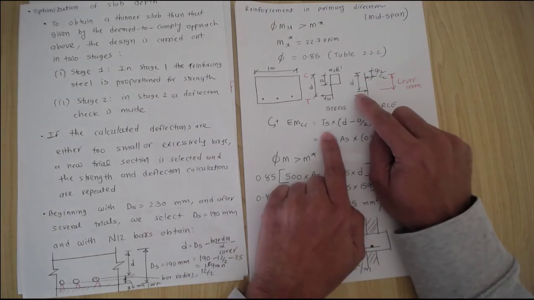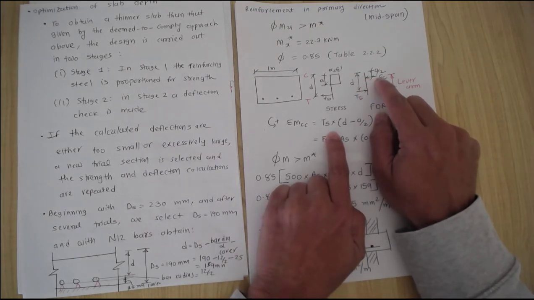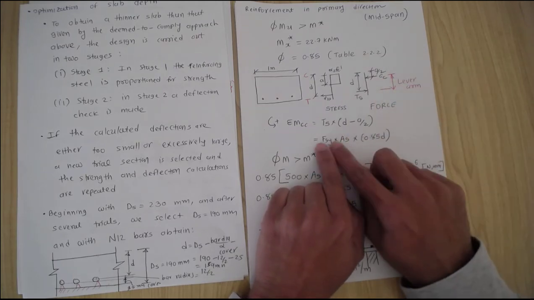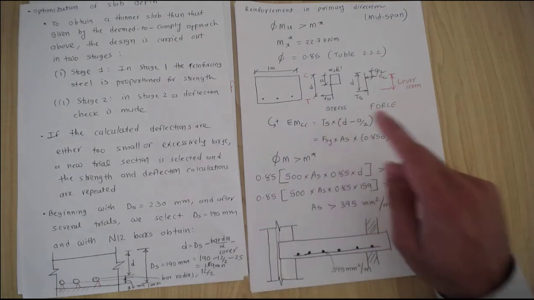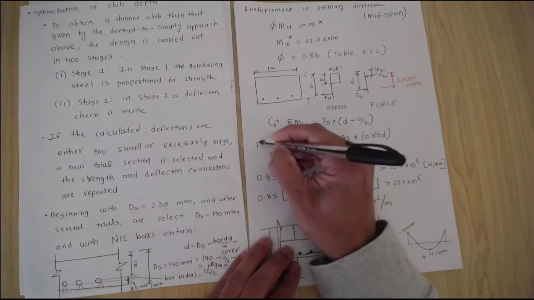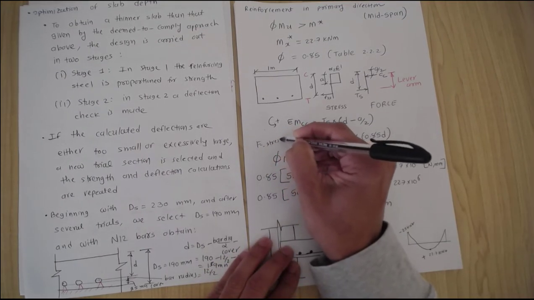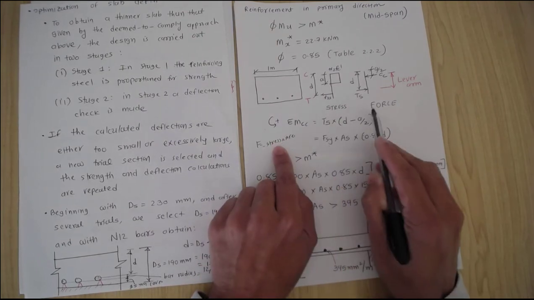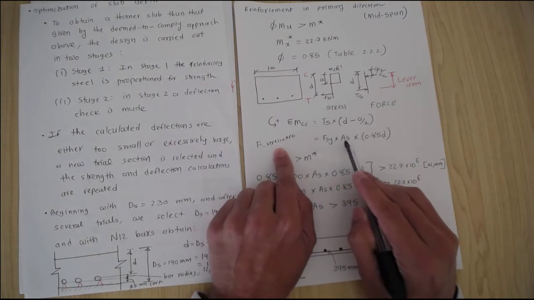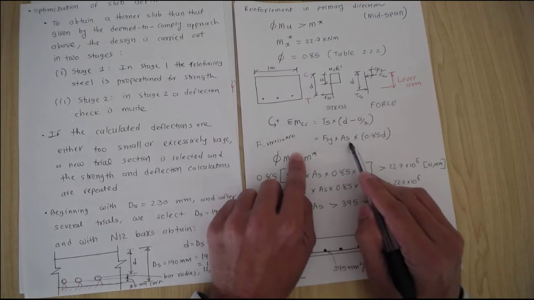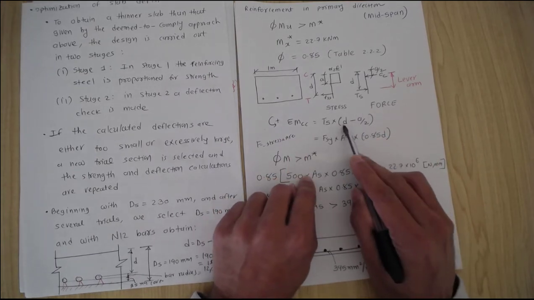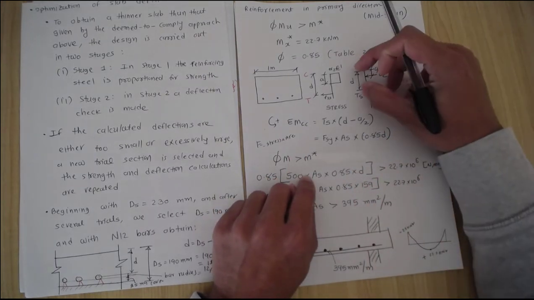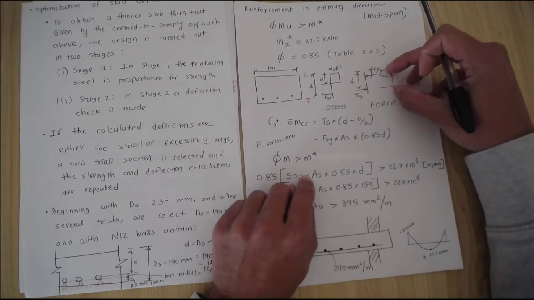The tension force in the steel times the lever arm will give us the moment. This force equals stress times area. The stress in the steel bar is the yield stress fsy, and the area of the steel we need to find, times d minus a by 2, which gives us the lever arm.